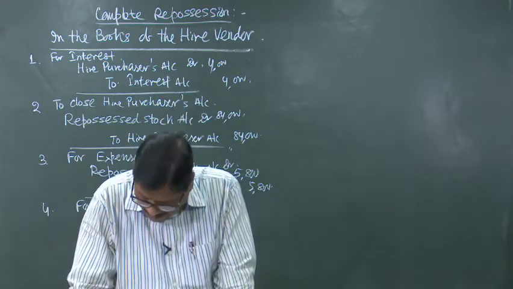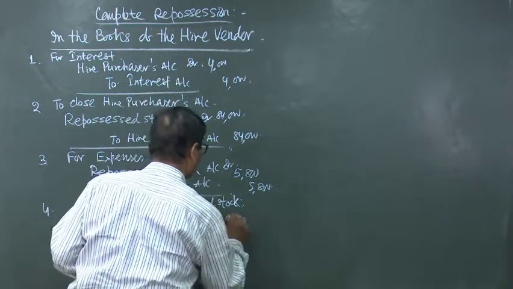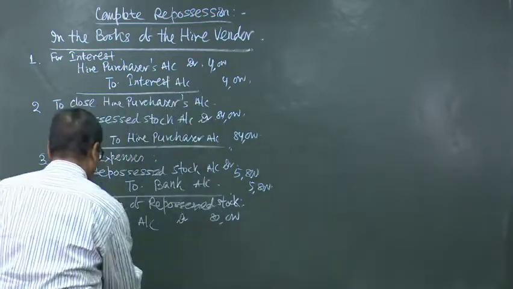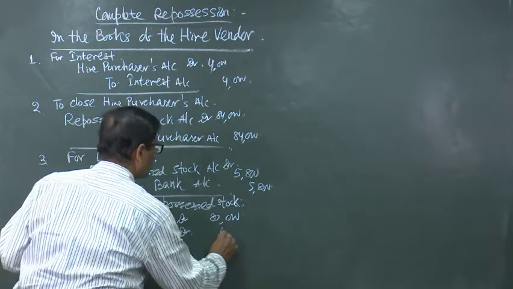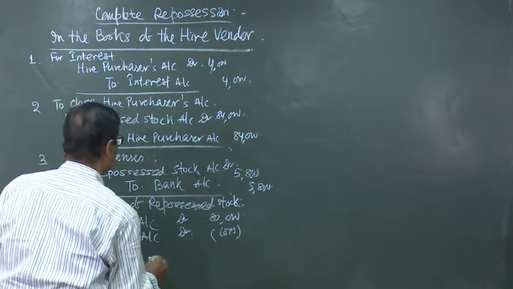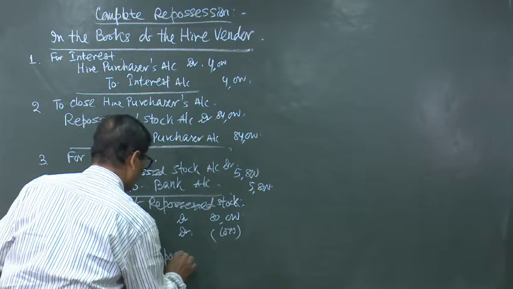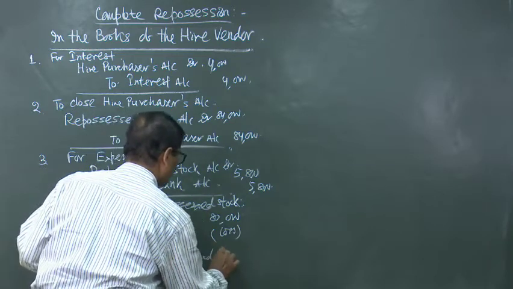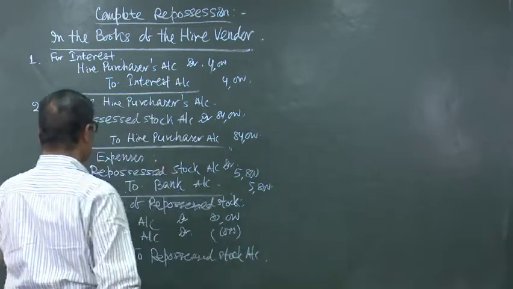We are selling it for 80,000. Then profit and loss account debited if there is loss to repossessed stock account with the balance of the repossessed stock.